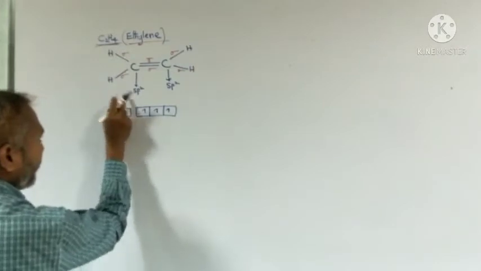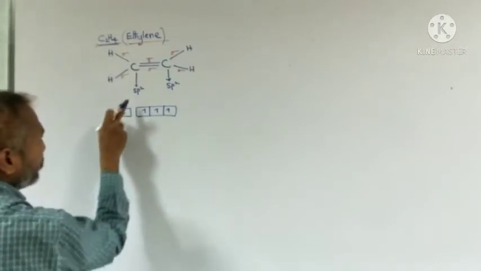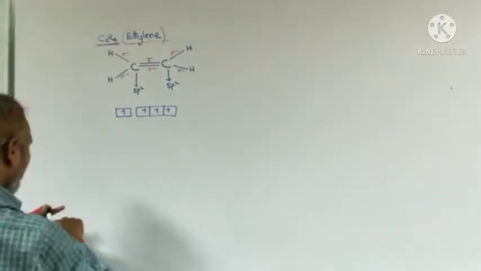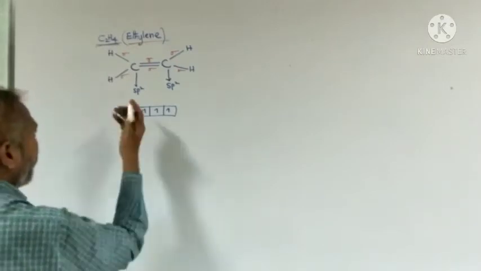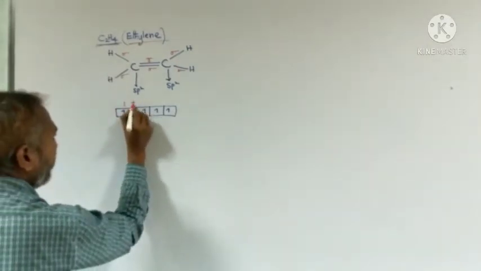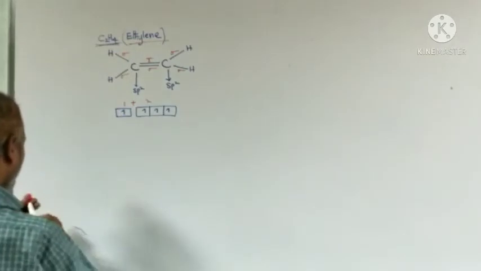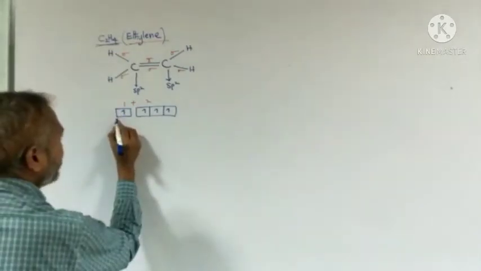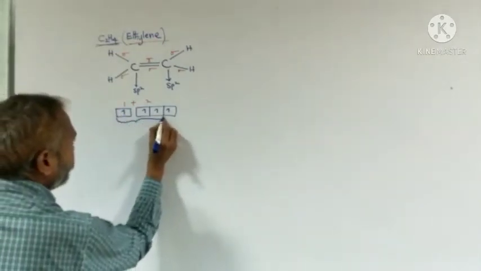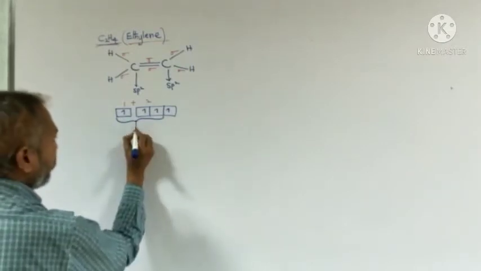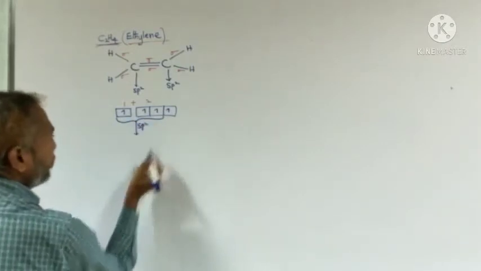Carbon undergoes which hybridization? sp2 means 1 s orbital plus 2 p orbitals. Now 1 s orbital and 2 p orbitals undergo sp2 hybridization.